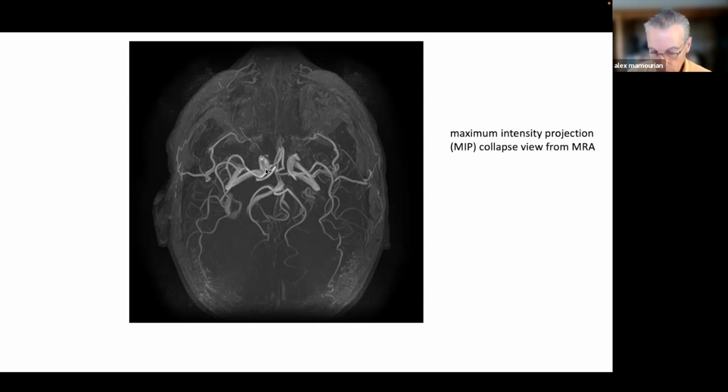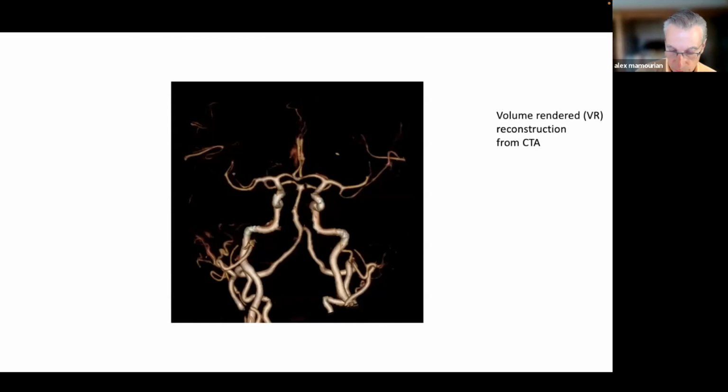Here you see the carotid coming around. Here's the middle cerebral artery, basilar, posterior cerebral, and so on. So this view I find is actually very helpful. It gives you an overview of the vascular anatomy, and is particularly helpful when you're looking for vascular malformations, dural fistulas, that sort of thing, because all of the information is projected into a single view.